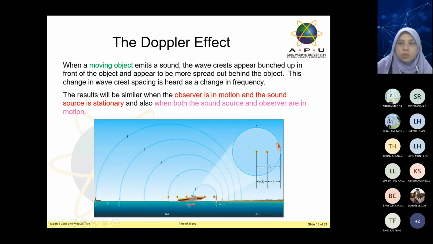Before we go into the Doppler effect, wait ah.